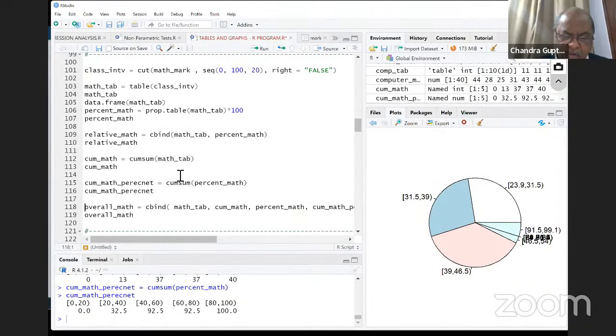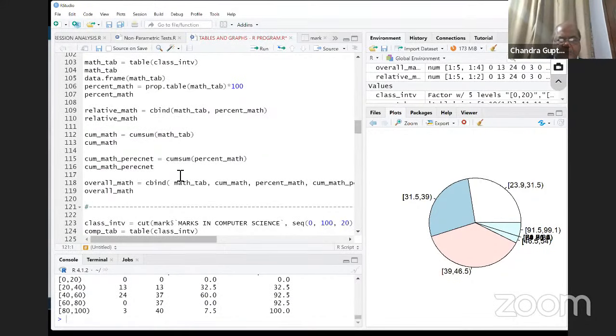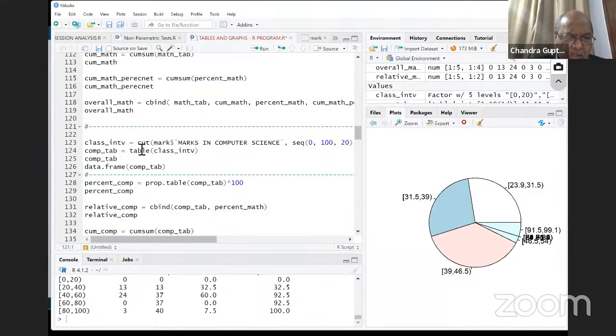And when I bind everything, suppose I want to make the same, similarly I do it for the other subject.